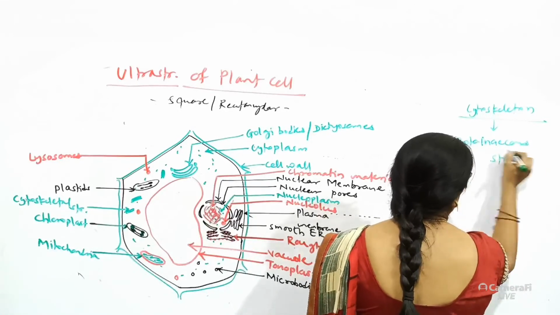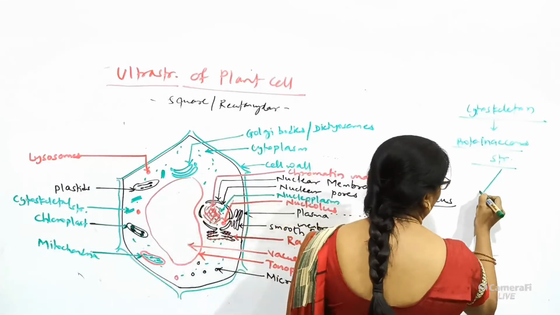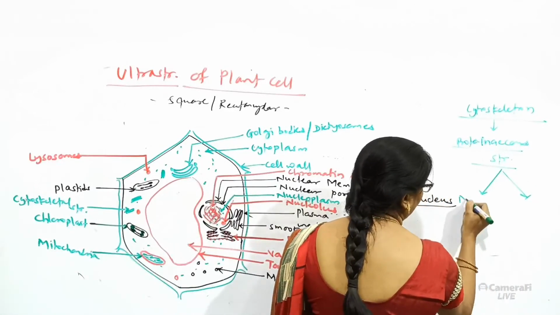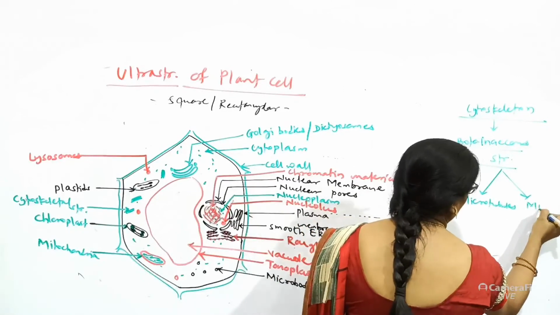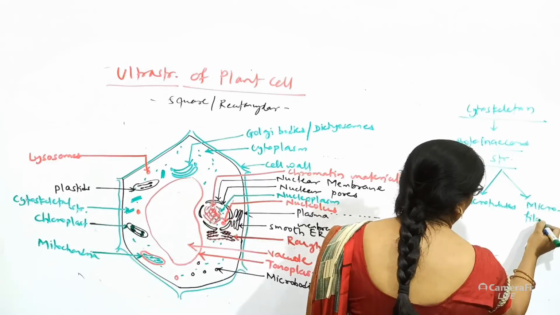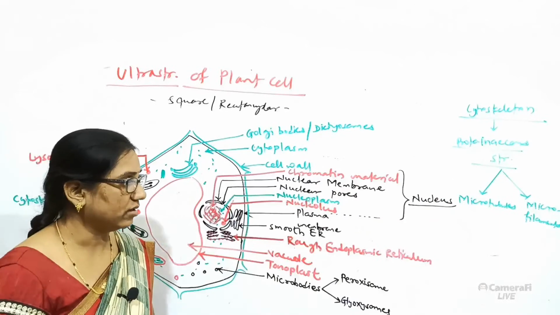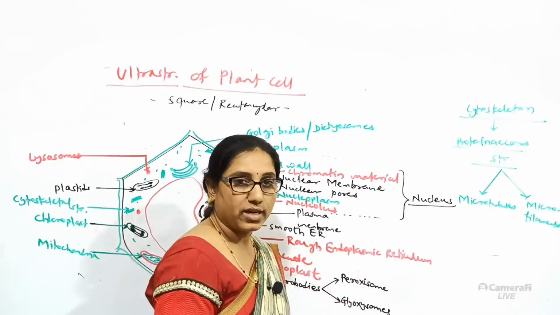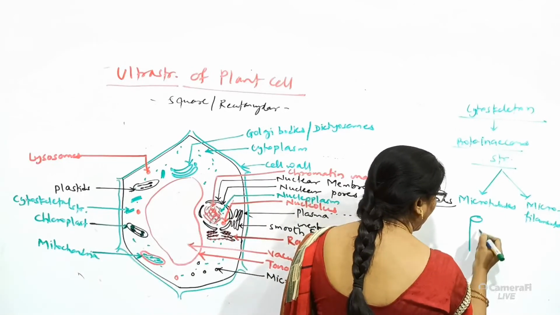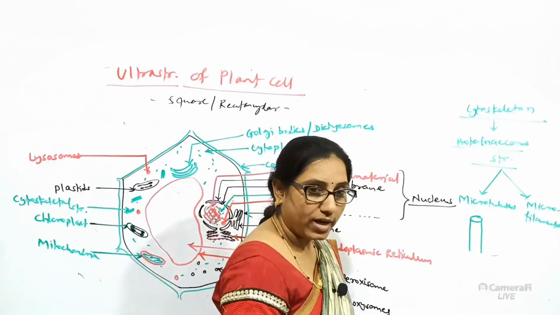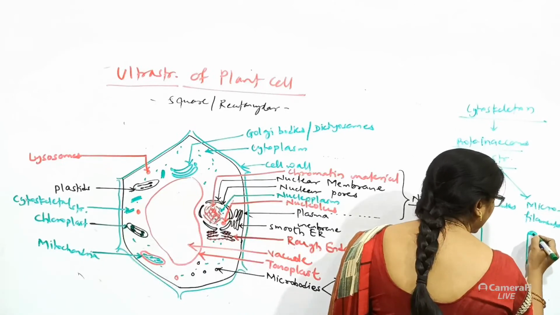These proteinaceous structures are of two types. One is called microtubules, and another one is called microfilaments. The microtubules are made up of hollow tube-like structures, while the microfilaments are filled, or solid, structures.